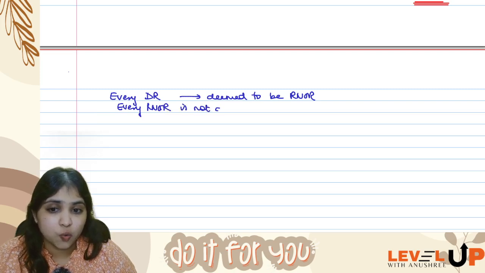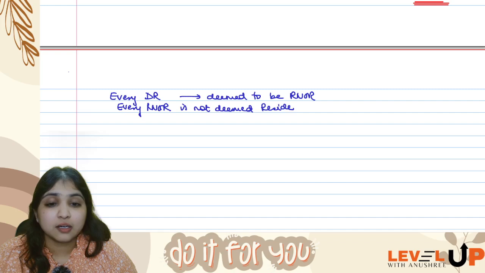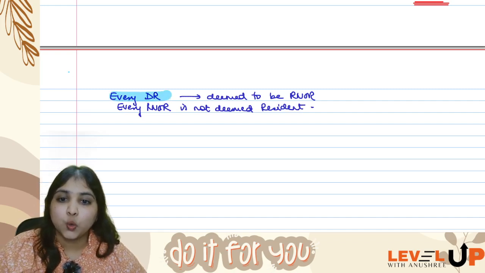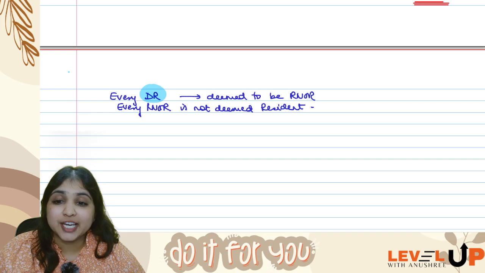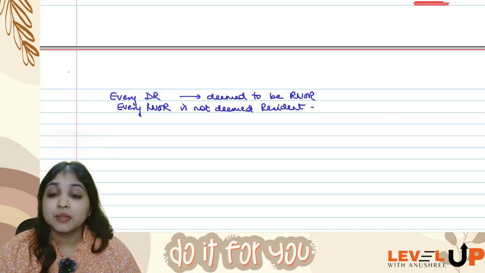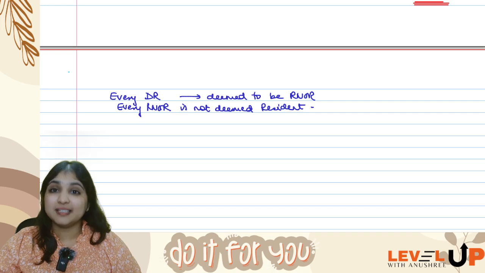Every RNOR is not a deemed resident. See, the rule is very simple. Every deemed resident will automatically be considered as if he is RNOR. Every deemed resident is deemed to be resident but not ordinarily resident. But if you are an RNOR, it is not necessary that you are a deemed resident.